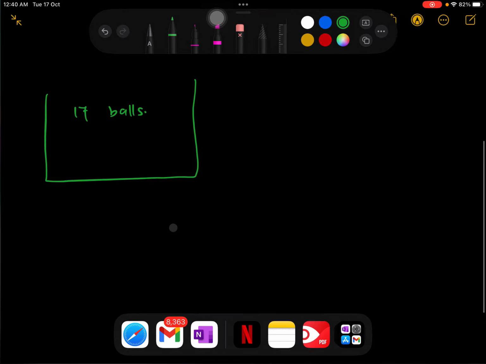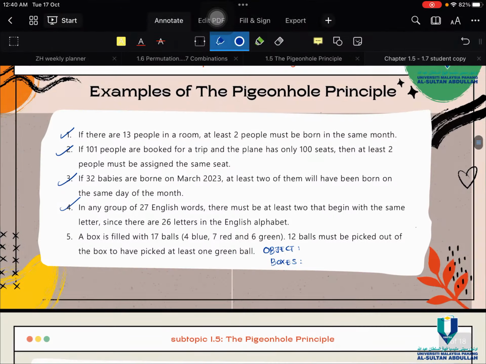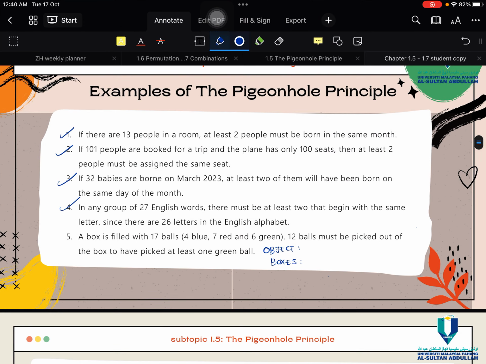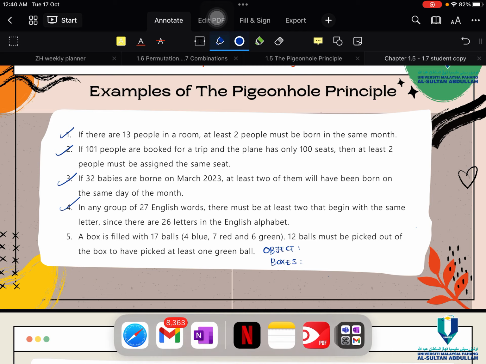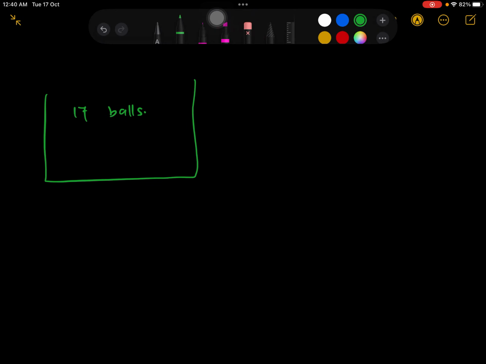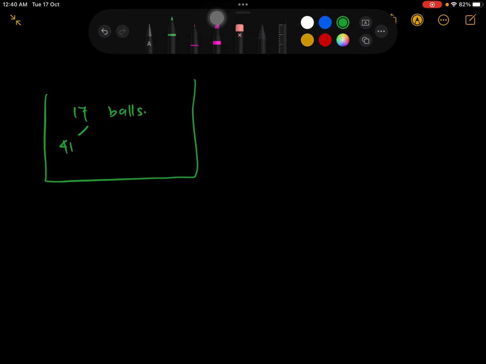Okay, tengok balik tadi. Mana dia? 4 blue, 7 red, 6 green. Alright.